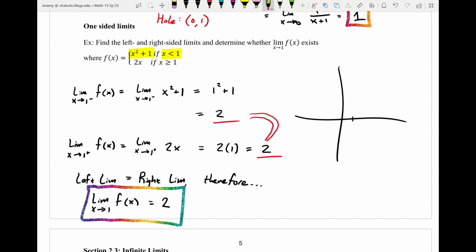All right, and I kind of delayed talking about the graphs, but let's do the graphs real quick. How about I graph the left branch in blue and then the right branch in purple? So this is a quadratic function, just the parent shifted up by 1 unit.